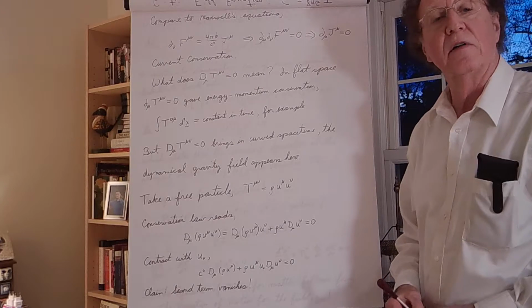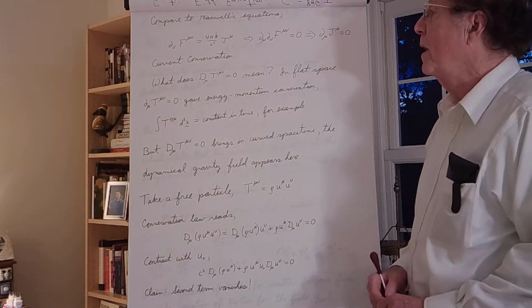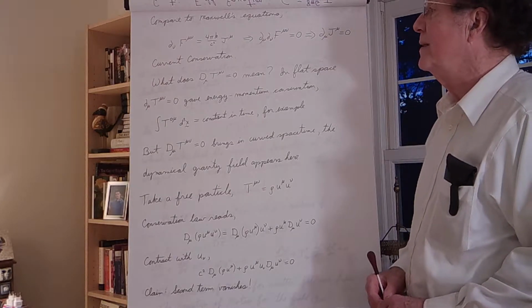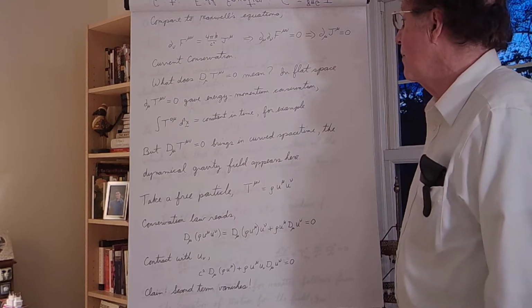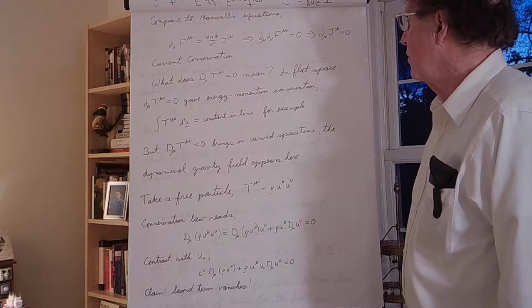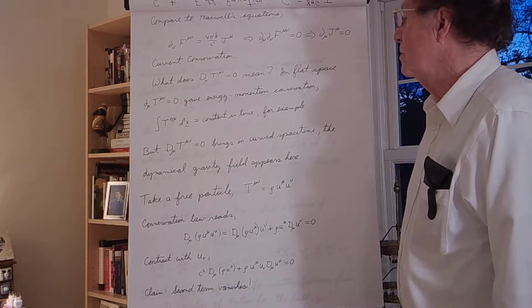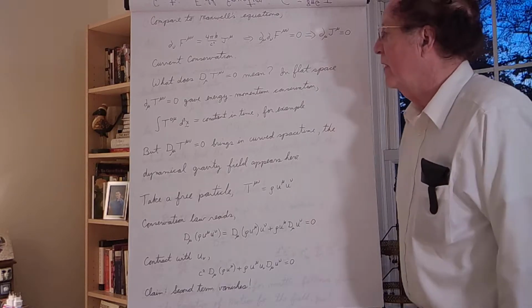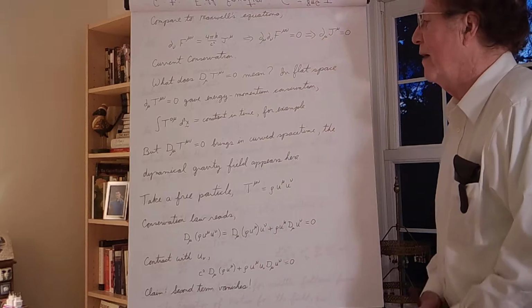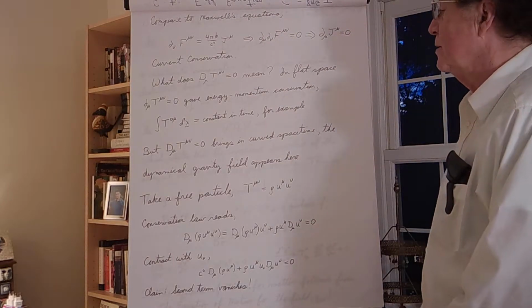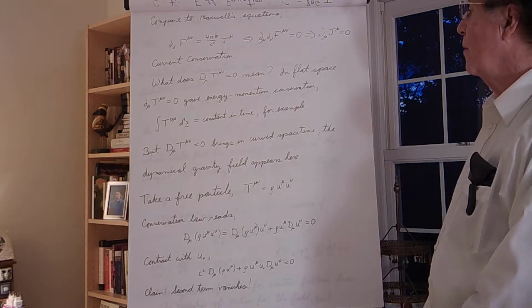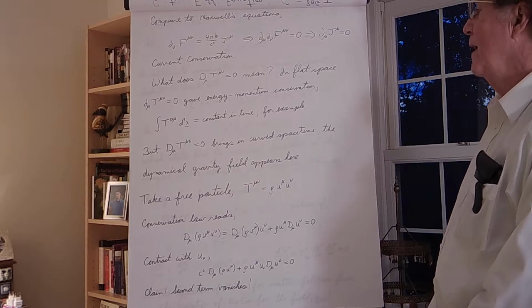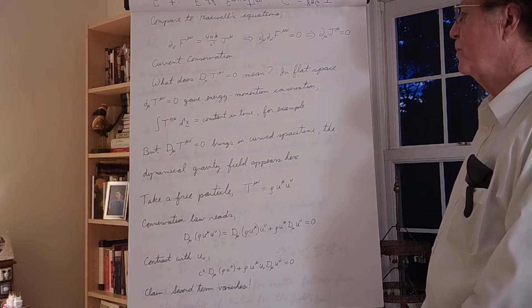It also conserves momentum. The components of T0i are momentum-like, and those integrals will also be conserved. It has other conservation laws as well, having to do with stress, and maybe we'll discuss those later when we take closer looks at energy momentum tensors.